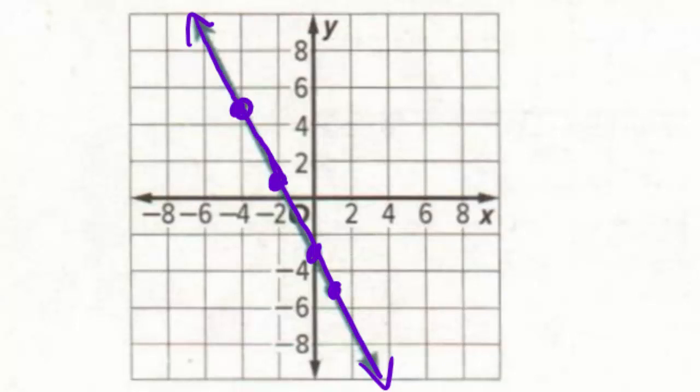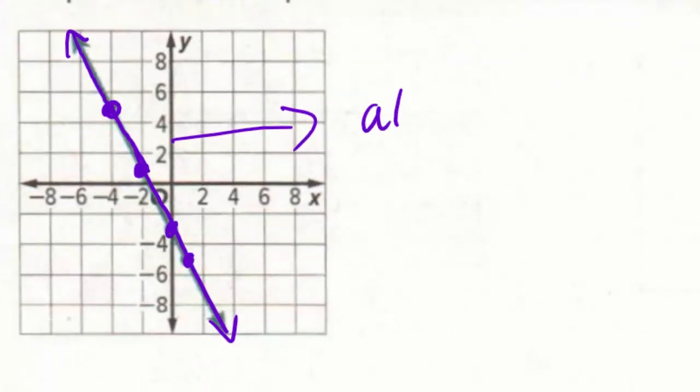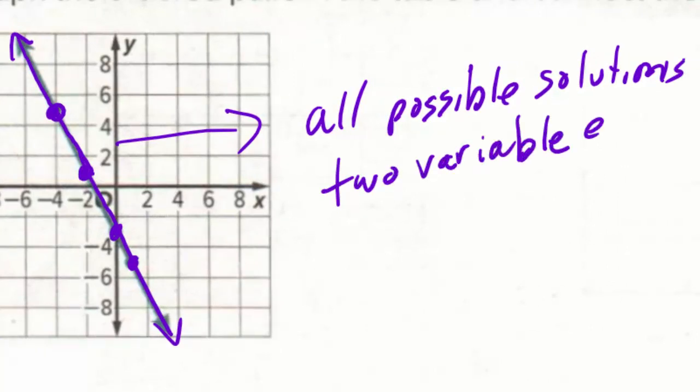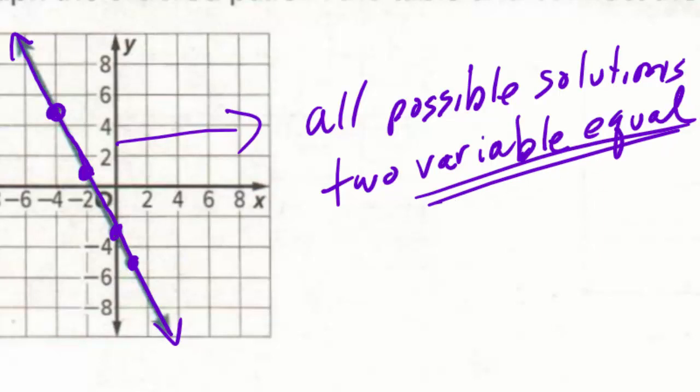So the line is the representation of all possible solutions of a 2-variable equation. So our linear functions are 2-variable equations.